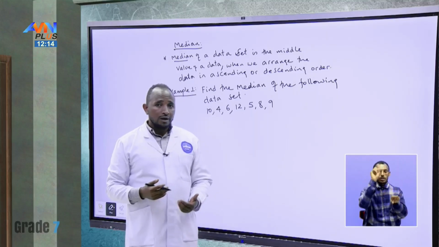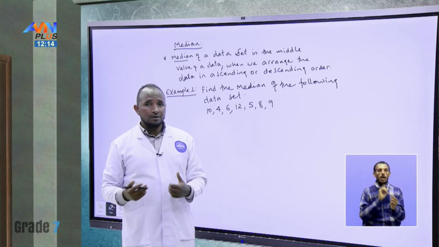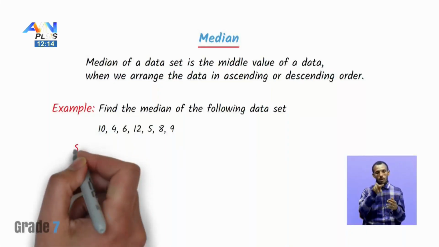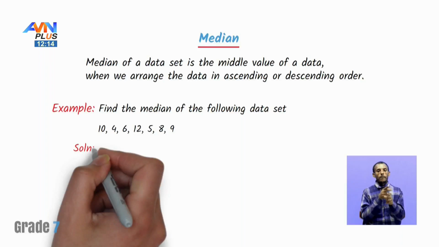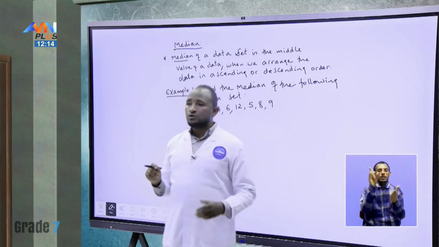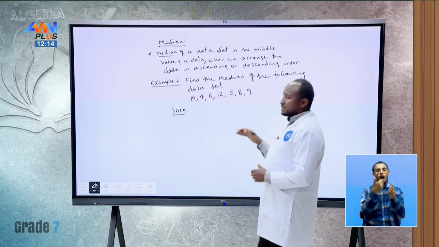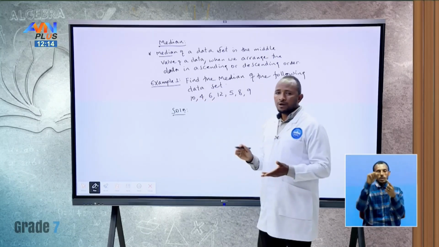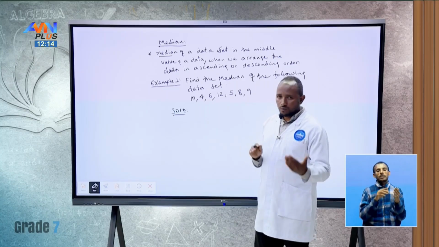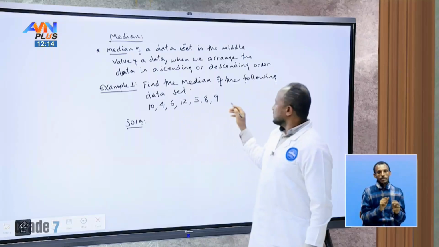So let's see this question together, and I'll give you another for you. To find the median of this data set, you have to arrange it in ascending or descending order. I'll prefer to arrange it in ascending order, from the smallest to the biggest. Let's arrange it. The smallest of these numbers is 4.